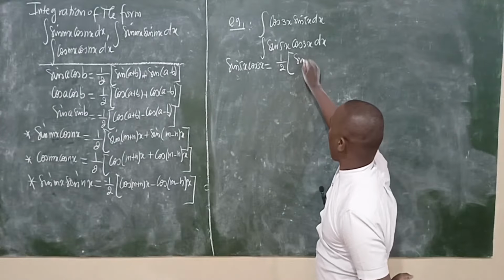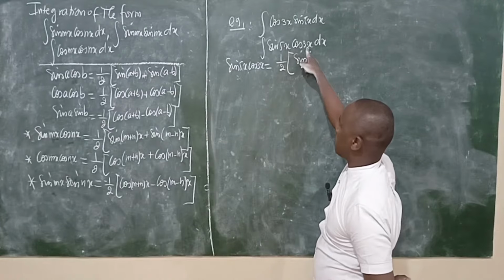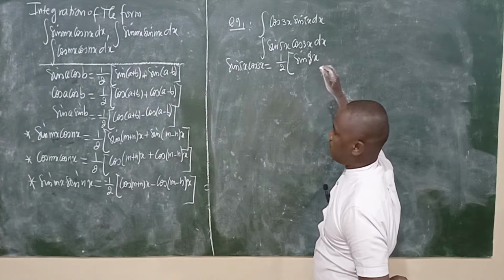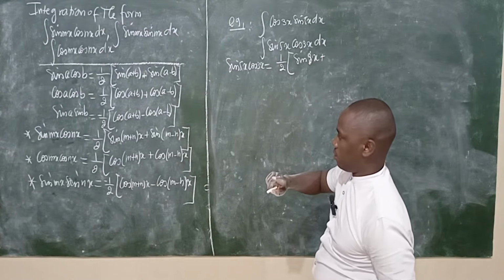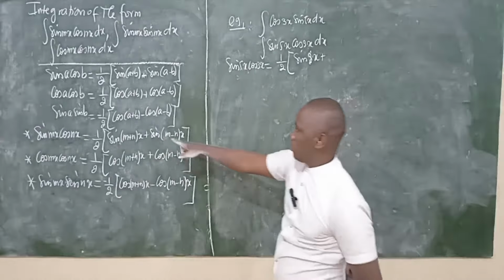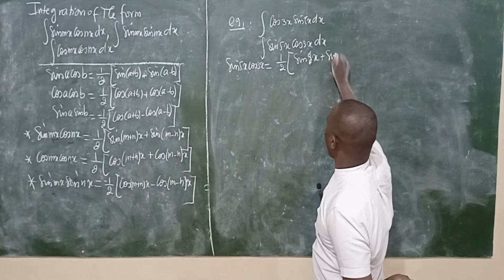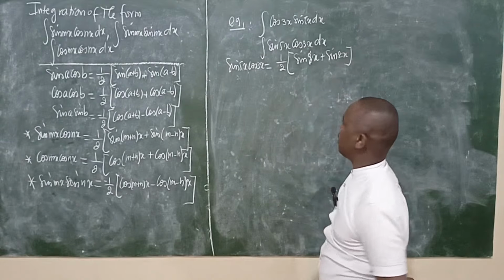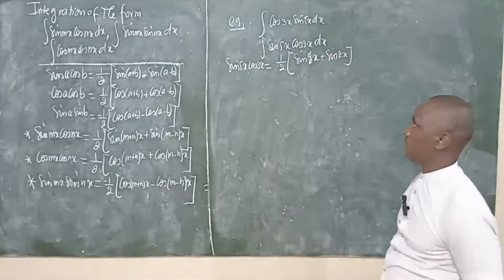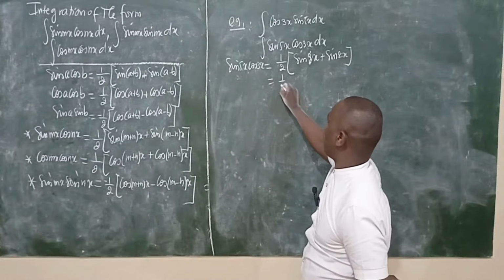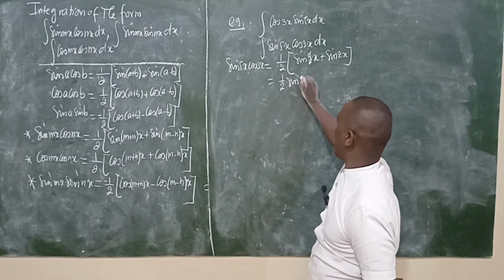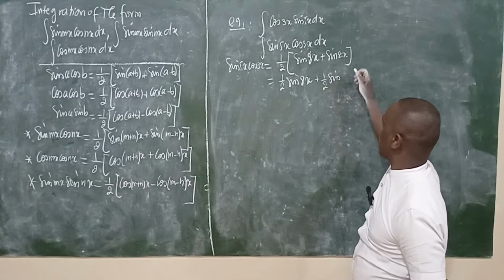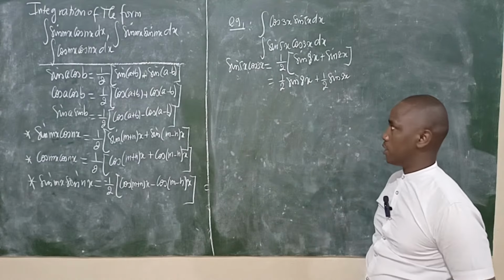sine of half this plus this, 5x plus 3x, that is 8x, plus sine 5x minus 3x, that is 2x. This is enough. This will be a half of sine 8x plus a half of sine 2x.